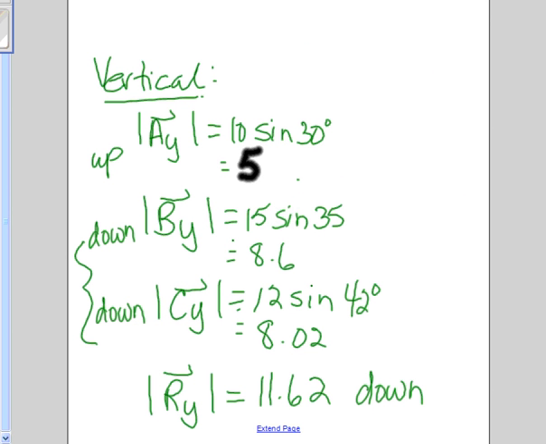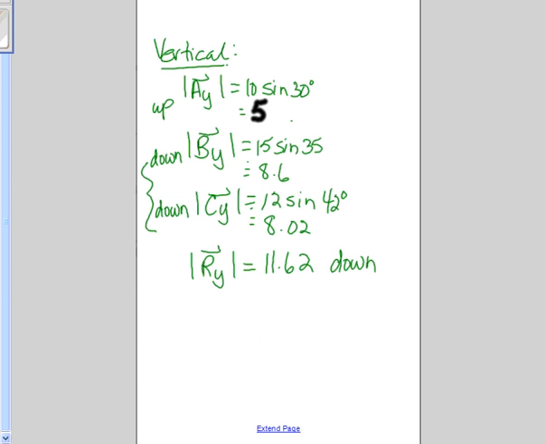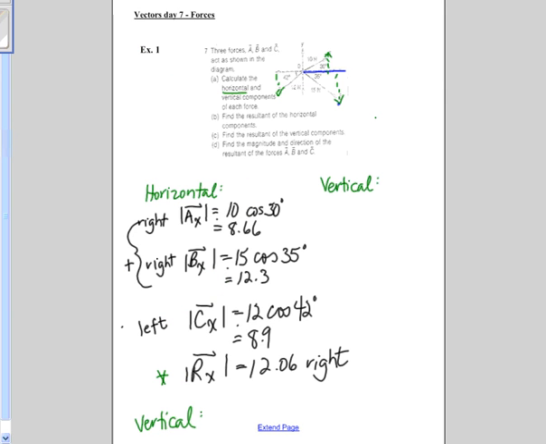Okay. So we want to put that information together. So for our resultant, I have 11.62 down. And I have 12.06 to the right.